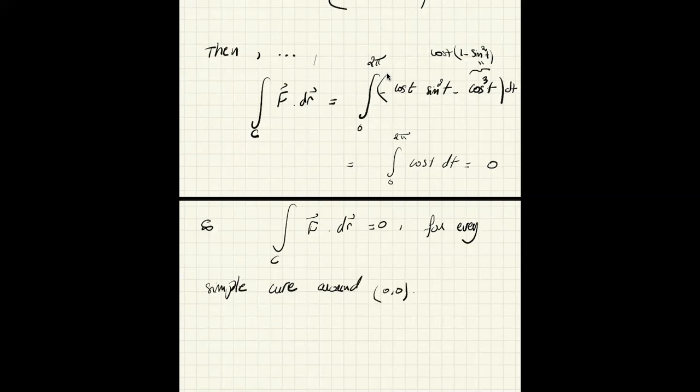We did it for a circle, but it gives the same answer for every kind of curve that goes around 0. It's the same thing, it's 0. Is it clear?